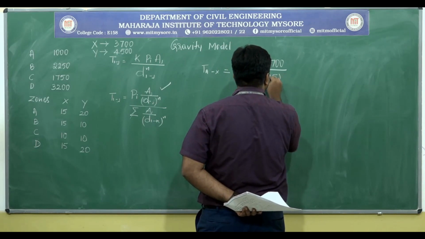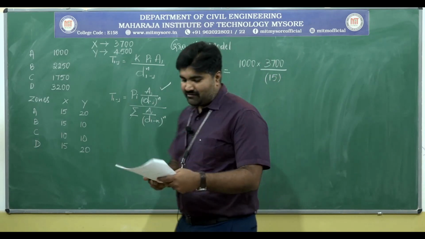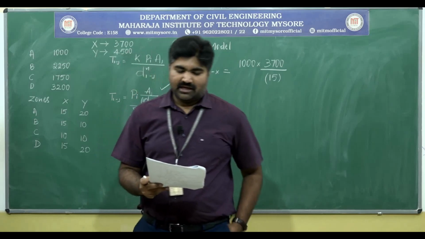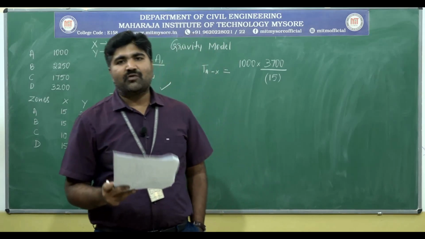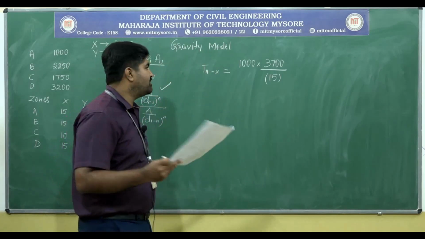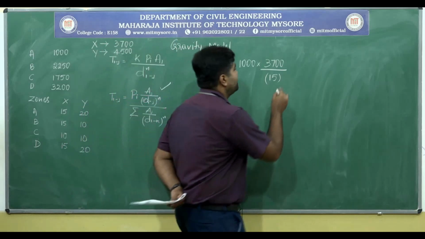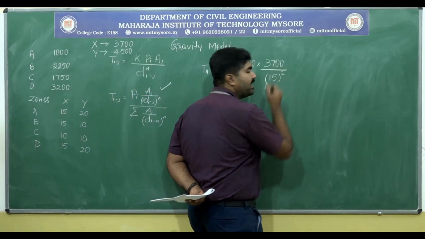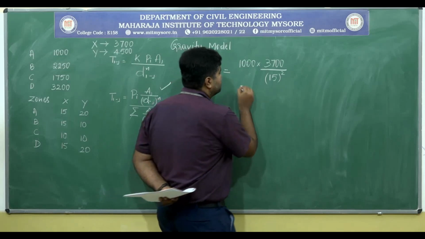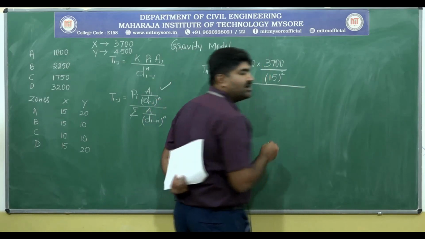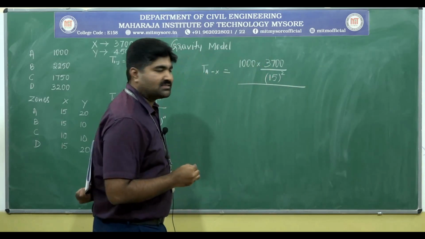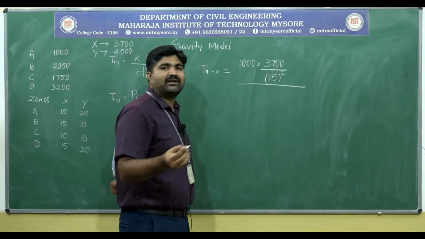The n value is given in the question: inversely proportional to the square of the journey times, square of the journey times means n is 2. The denominator is the summation of the total attraction.